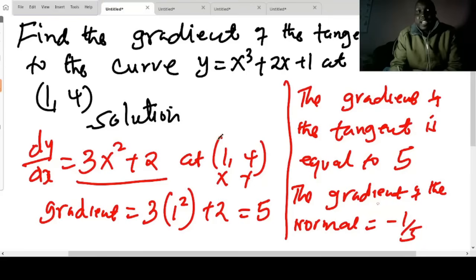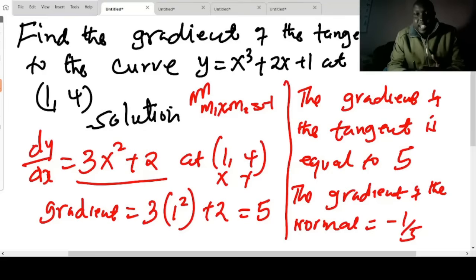Because for perpendicular lines, M1 times M2, the answer should be negative 1. For perpendicular lines, because the normal and the tangent are perpendicular, when we multiply the gradient of the tangent and the gradient of the normal, the answer should be negative 1. So that is 5 times negative 1 over 5, the answer is negative 1.